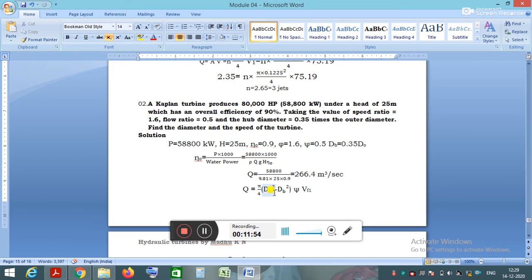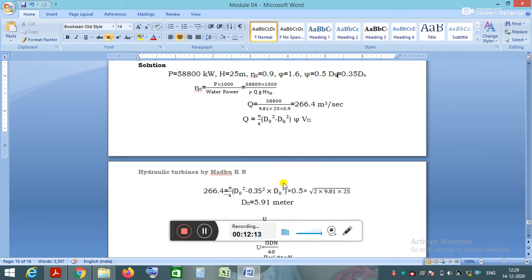Substituting this, d naught is unknown and dB is unknown, but he has given in the problem that the hub diameter, dB, equals 0.35 times the outer diameter. Substituting this condition here, we can find out the outer diameter of the Kaplan turbine, because Q we already found.